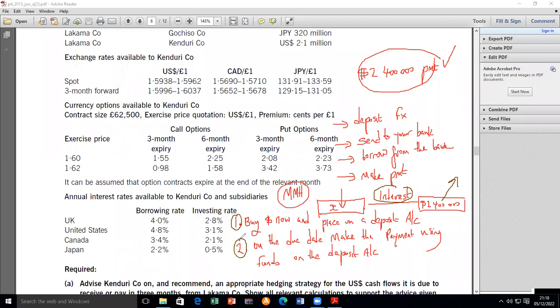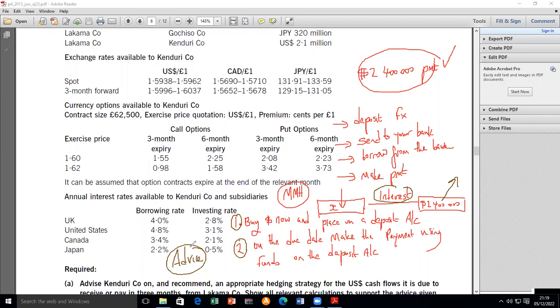Because remember, the question is not calculate. If you take this question as calculate, you have not fully understood it. It's advice. So the advice given is go and buy your dollars today and place them on an account.